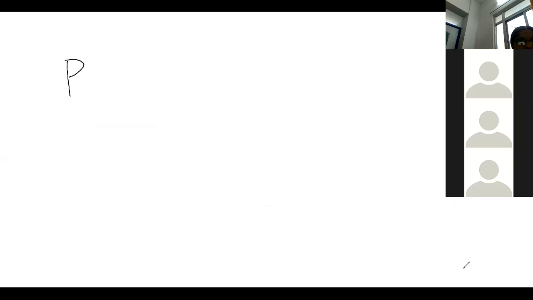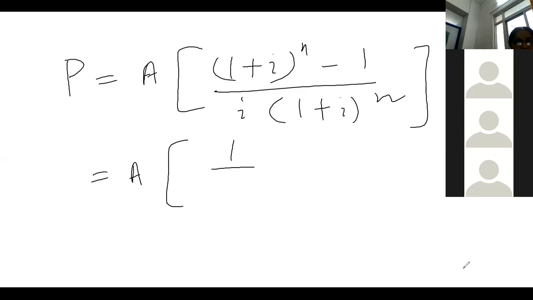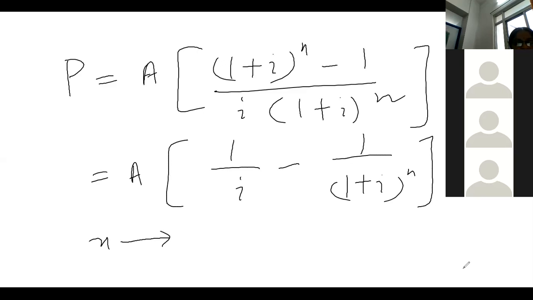So, how to calculate this? See your fifth formula. What is your fifth formula? 1 plus i to the power n minus 1, by i into 1 plus i to the power n. This is your fifth formula. I rewrite it as A equals 1 by i minus 1 by 1 plus i to the power n. In this, what is happening? Your n is a long number of years, infinite.